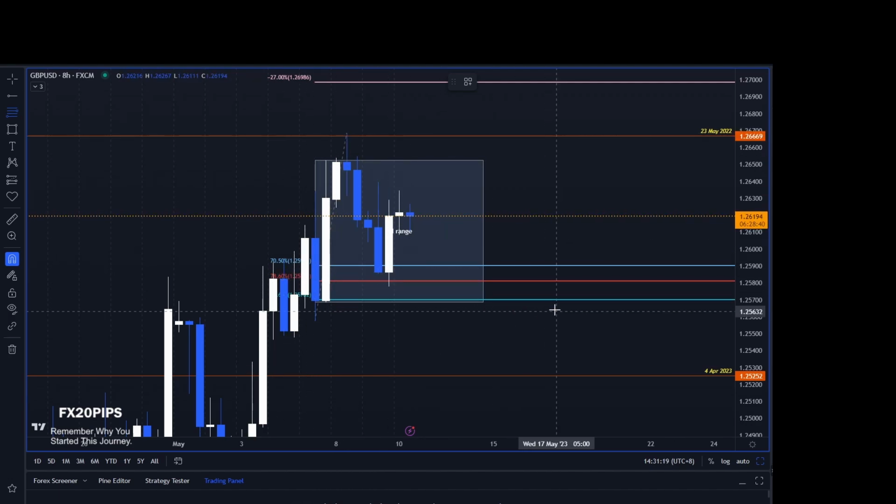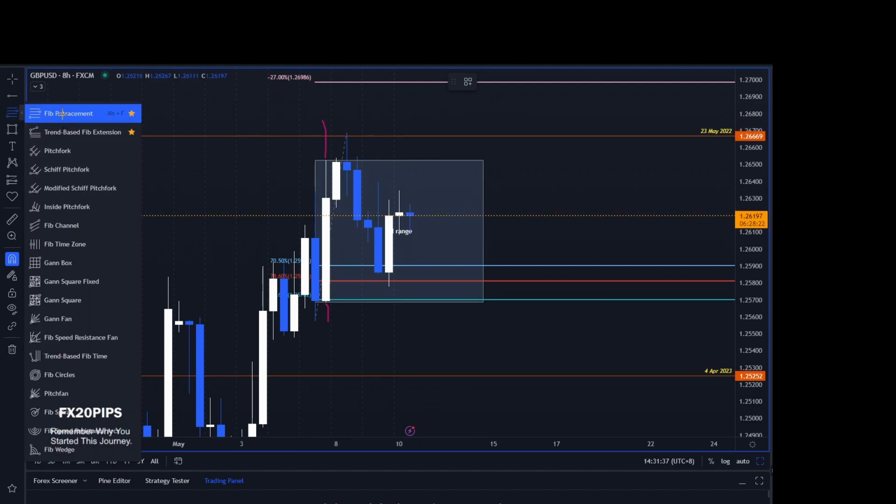where it did take our attention here. Can we draw another one here? Can. We can also draw based on this 8 hour candle. The low will be here, the high will be here. Let's take a look and see how it looks.